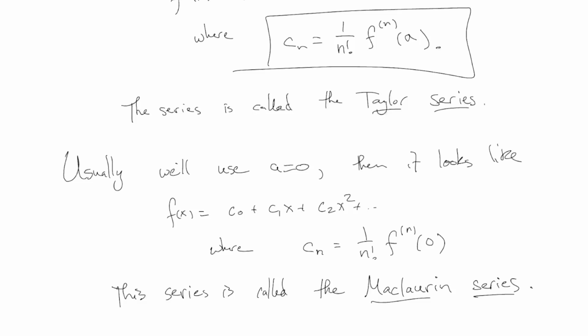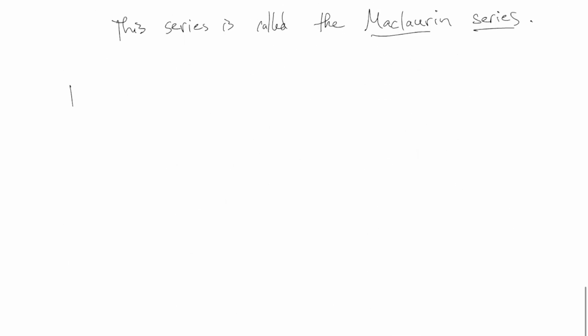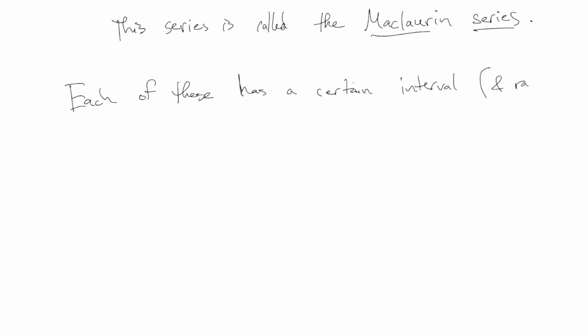And I will point out one last thing to say about this. Each of these has a certain radius of convergence, or I will say a certain interval and therefore radius of convergence.